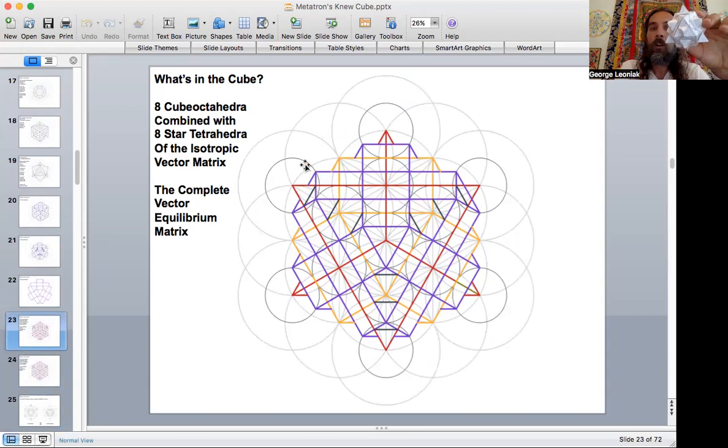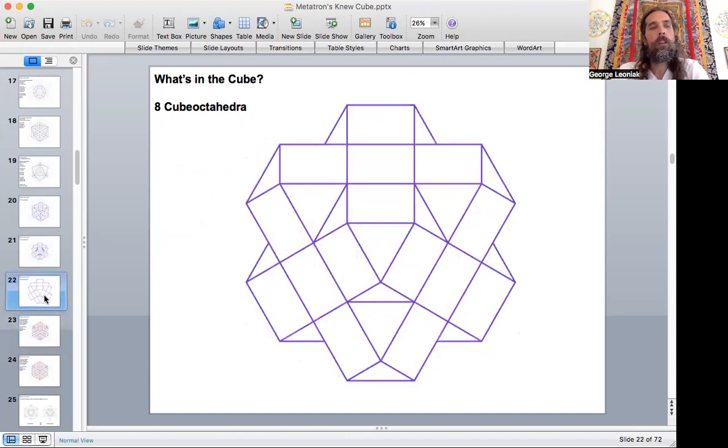The 8 star tetrahedrons are actually 8 little vector equilibriums coming together, making a unified thing between those cuboctahedrons and star tetrahedrons. So this and this come together, and we've got a more complete picture of this isotropic vector matrix, which really wasn't including the additional cuboctahedron lines that I just showed you in the model that I built.